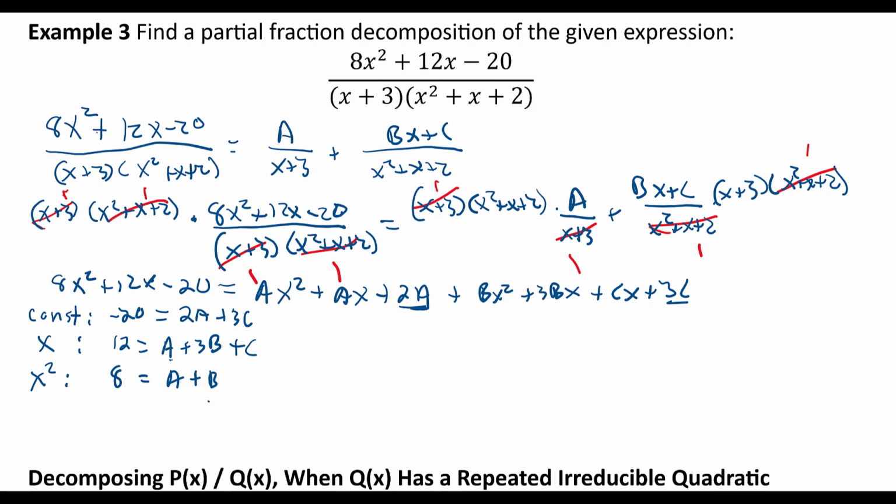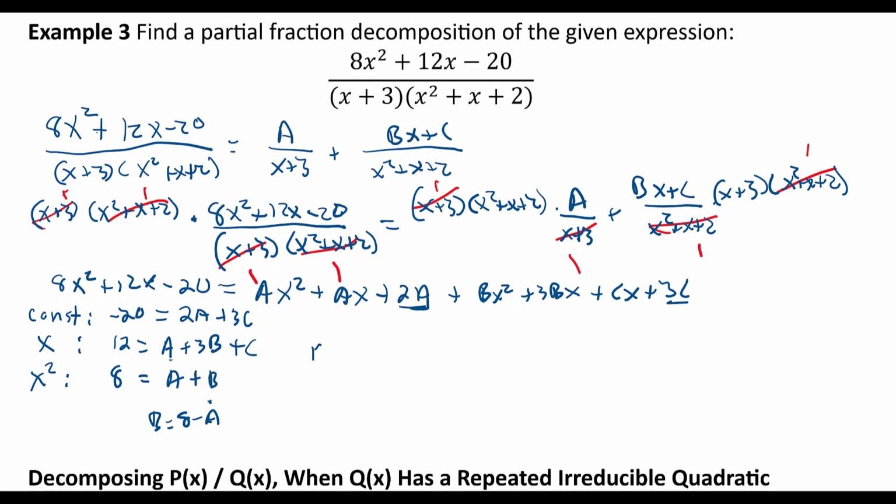Because in that first equation I have an A and a C. So I guess I have to solve for B here. So B equals 8 minus A. And I could take that and substitute it in place of B. So I have 12.